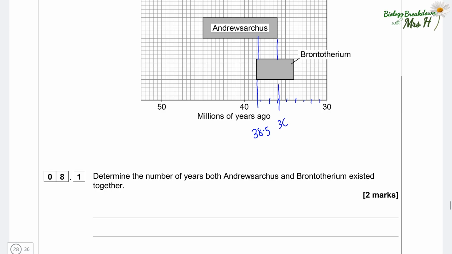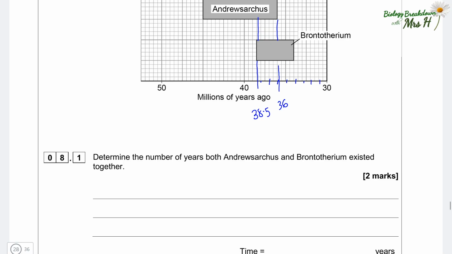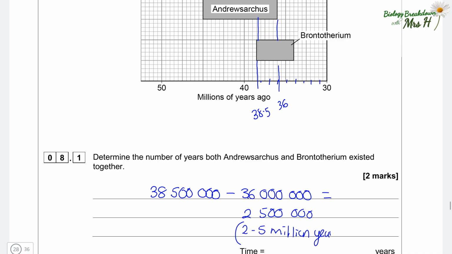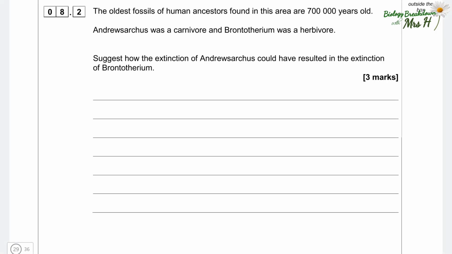So they're overlapping there. So we just have to minus 36 million from 38.5 million, and that is 2.5 million years where they existed together.